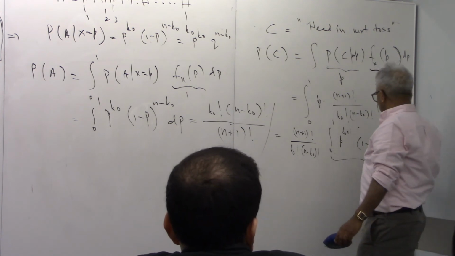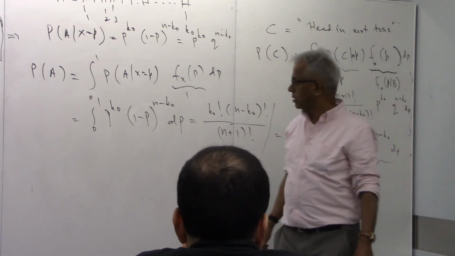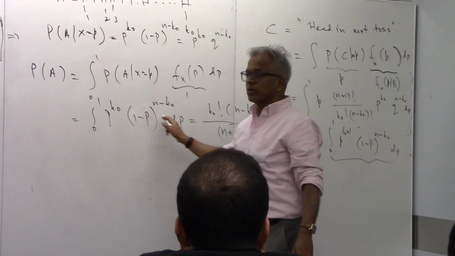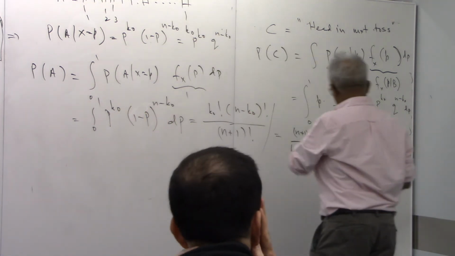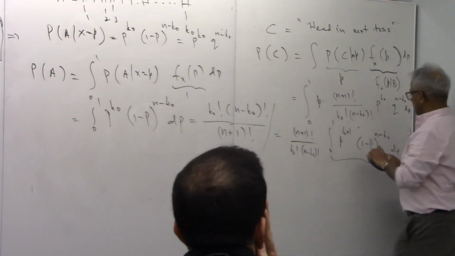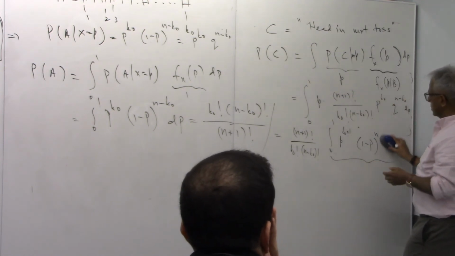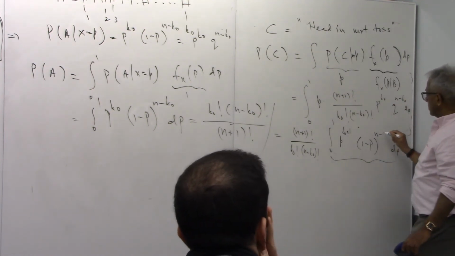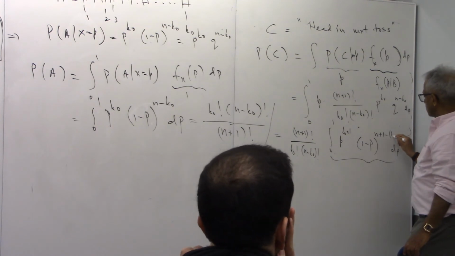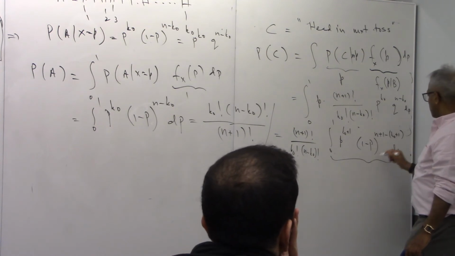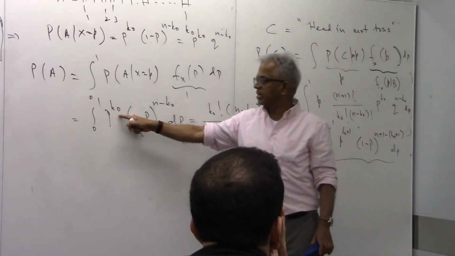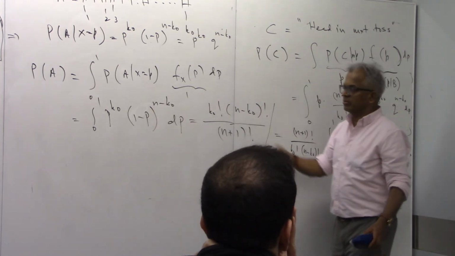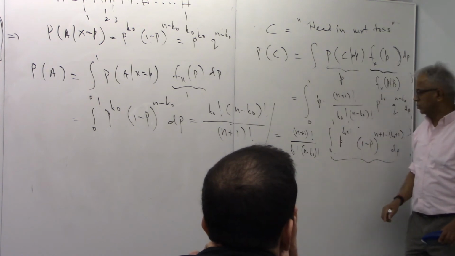All right, now what about this integral? Look at that. That integral is very close to this, except k naught is replaced by k naught plus 1. So if I rewrite, I'm going to do a small trick here. N minus k naught, I'm going to write like this. Why did I do this? Because then this integral looks exactly the same as this. So all I have to do is replace k naught by k naught plus 1.